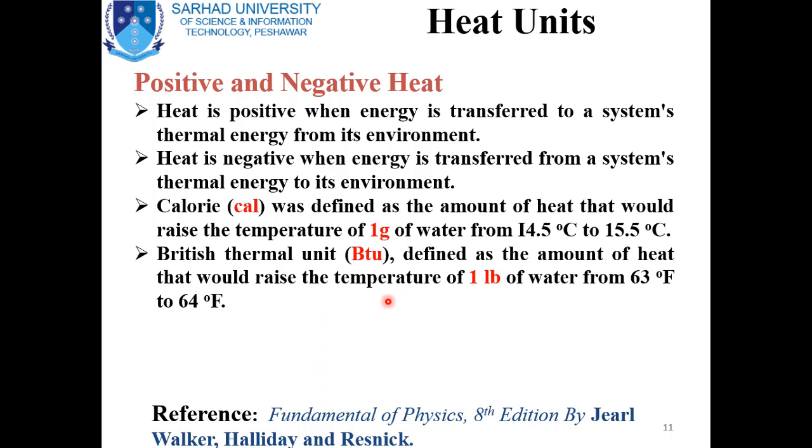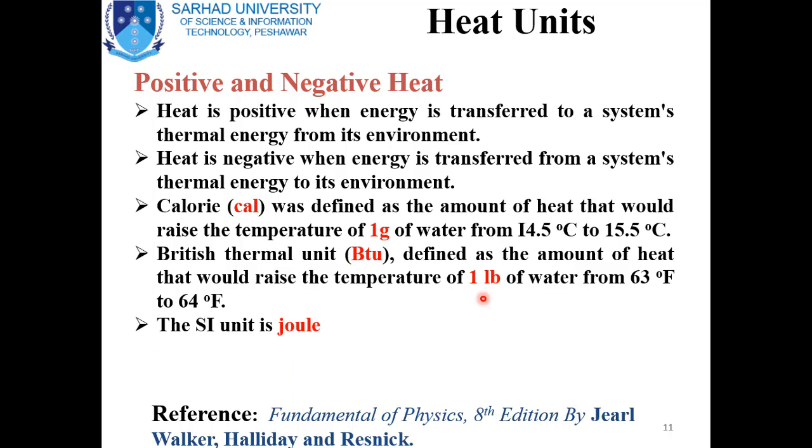There is another unit which is BTU, British Thermal Unit, defined as the amount of heat that would raise the temperature of 1 pound of water from 63 degrees Fahrenheit to 64 degrees Fahrenheit. Again, we have a temperature difference of 1, this time on the Fahrenheit scale, and the amount of water is 1 pound.